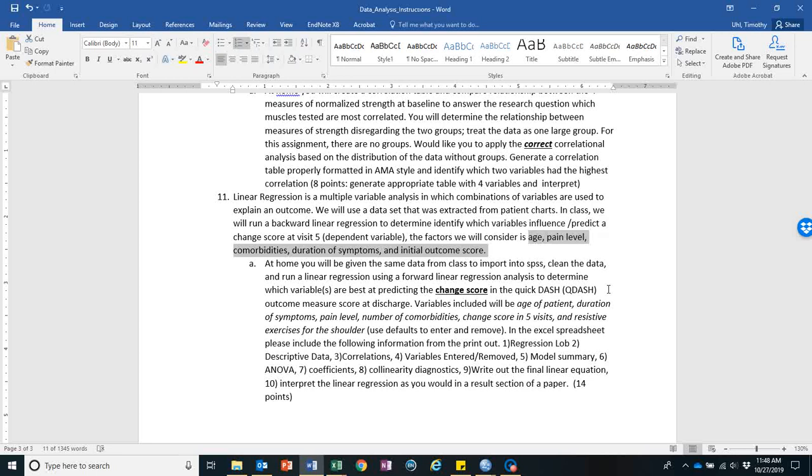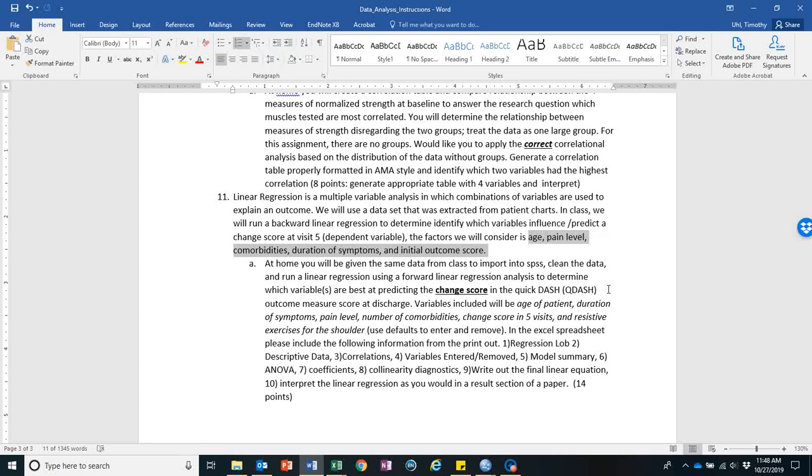You can put them all in and then back out the ones that aren't as meaningful. And then there's a forward regression where you put all the variables in, and then the program will only include those variables that are most significant to trying to predict the outcome variable.